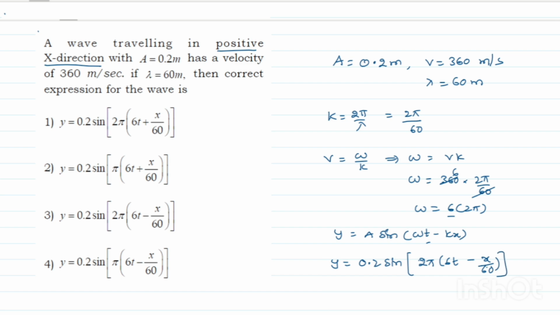So this is the way you have to write the equation of progressive wave: y equals 0.2 sin 2 pi (6t minus x by 60). So the third one is the correct answer.